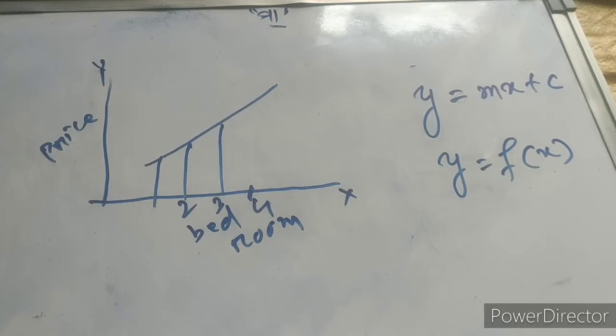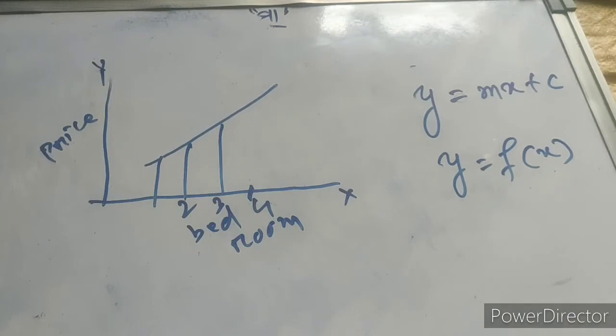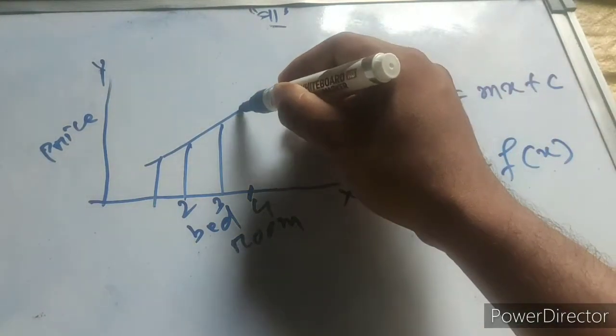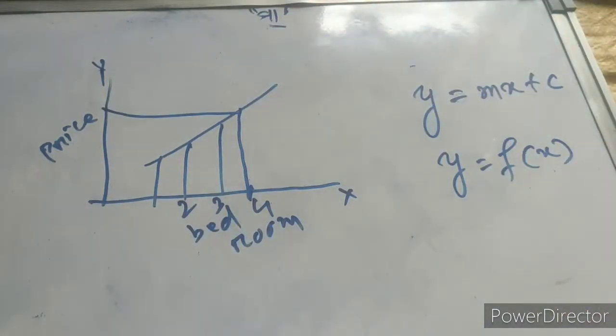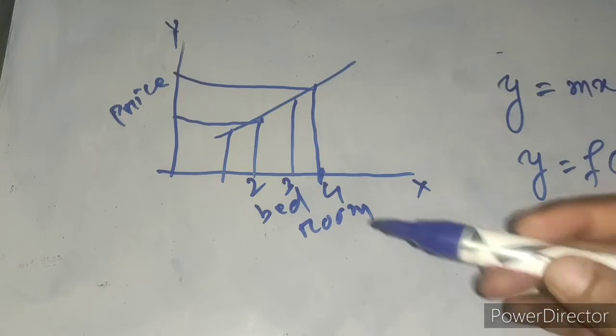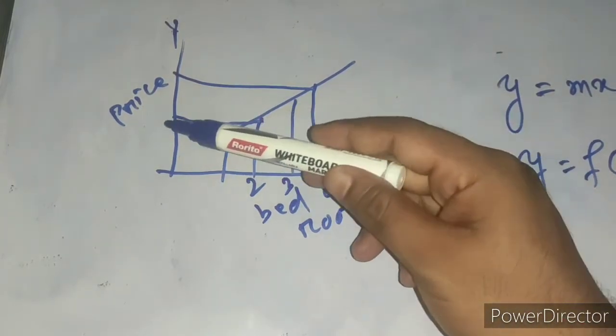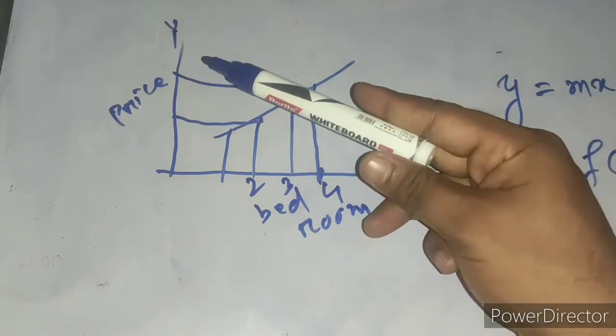Easily we can understand the price range of a 4 BHK. If the price range is already there based on the existing data, we can easily find out the price range for the new home which has 4 BHK. Suppose we get a new house with 2 bedrooms. Easily we can understand that the price of a 2 BHK can fall in this category, which is ultimately lesser than the price of a 4 BHK.